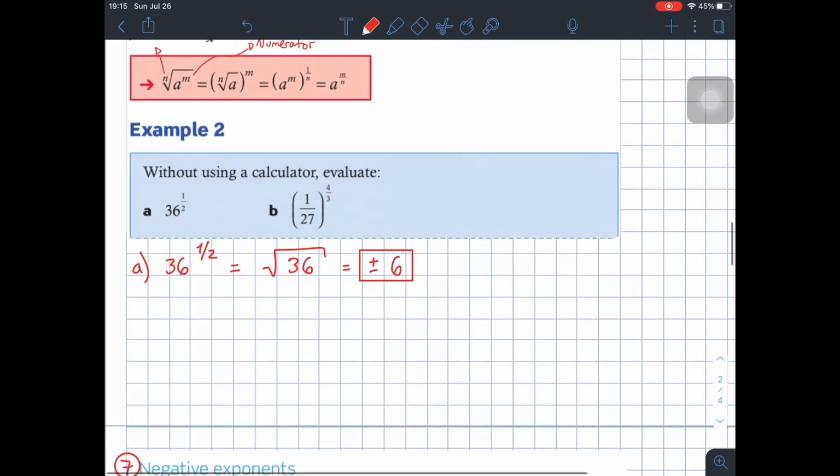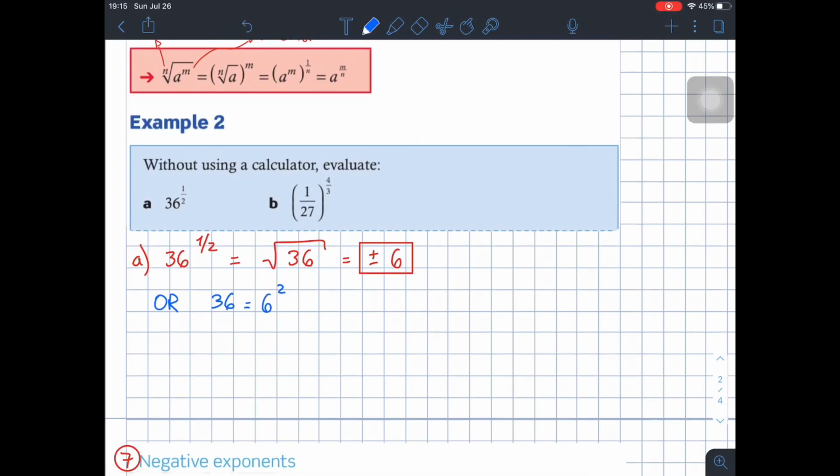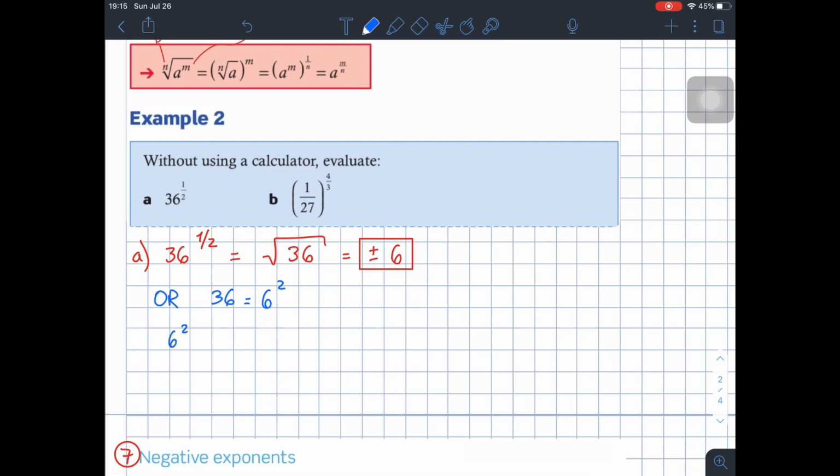Or another way of solving this, let me do this as an alternative, we could say that 36 is equal to 6 squared, right? So if instead of writing 36, we write 6 squared, and we put this to the power of 1/2, then in this case we have a power to another power, so we need to multiply the exponents, and we're going to get 6 to the power of 2 times 1 over 2, right?